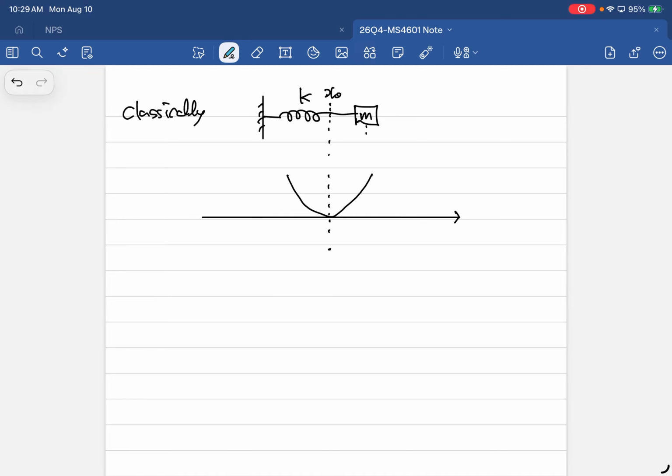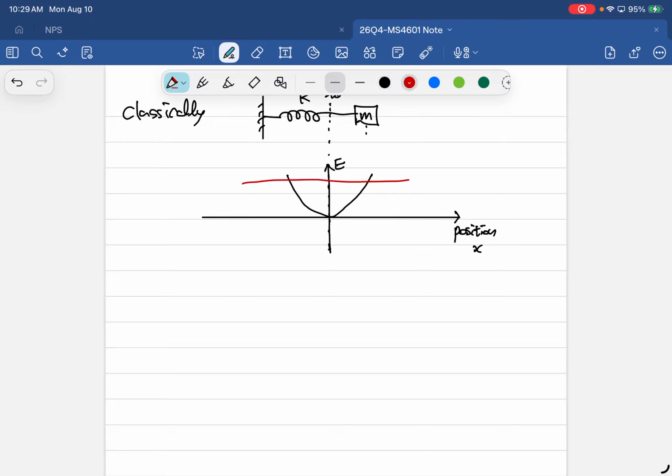Throughout this process, this is the position x, and the y-axis is the energy. The total energy is conserved. The total energy is the kinetic energy plus the potential energy.